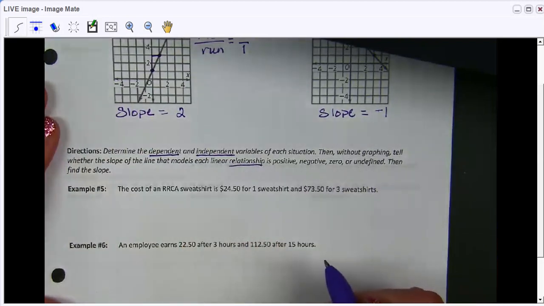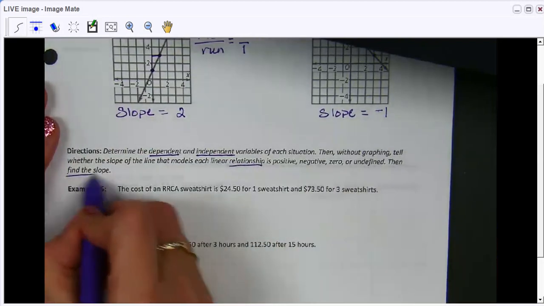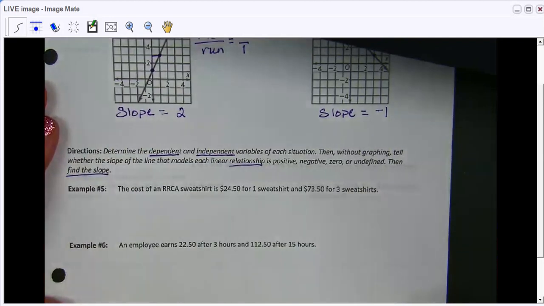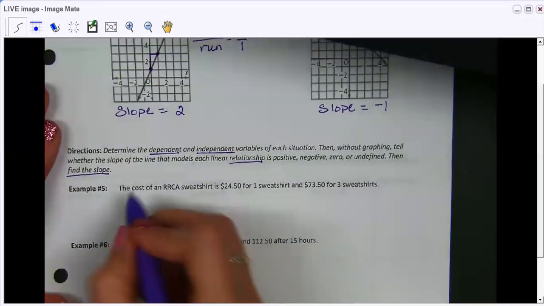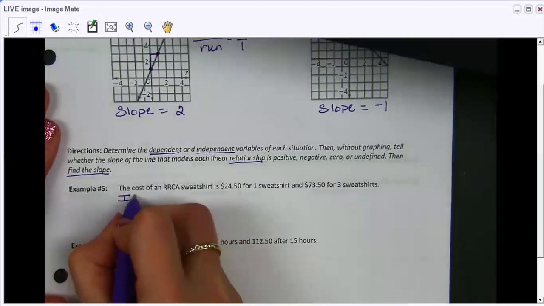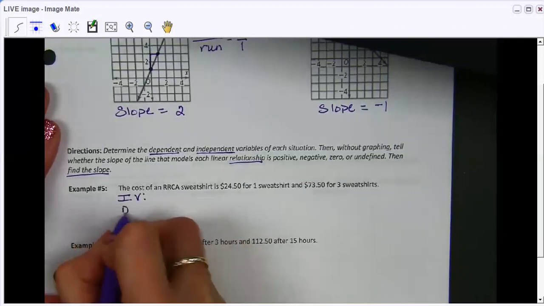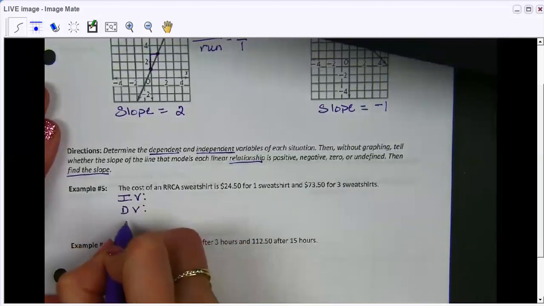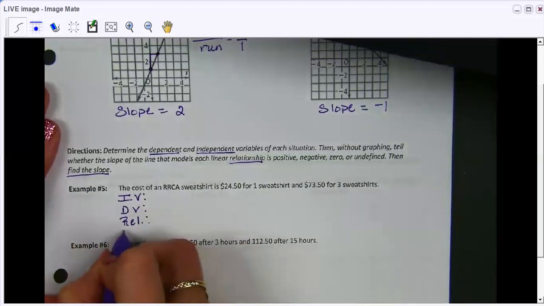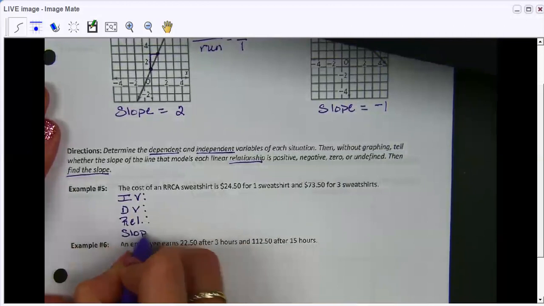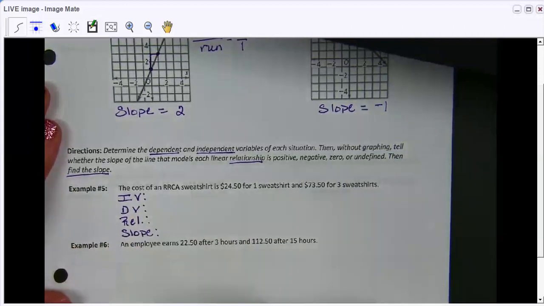So that's the 3rd thing. Then find the slope. So that's 4 things that you have to do. So for each of these, I want you to write IV for independent variable, DP for dependent variable, REL for relationship, and then slope. Okay, and we're going to find all 4 of these and they'll fit all right there.